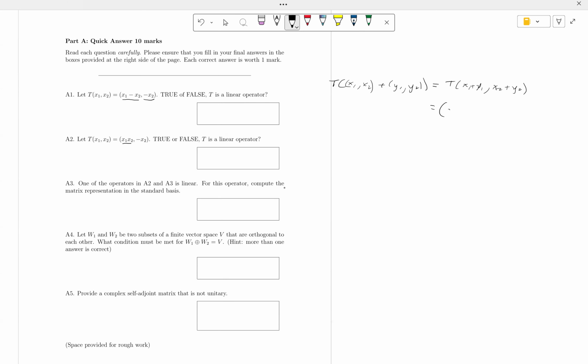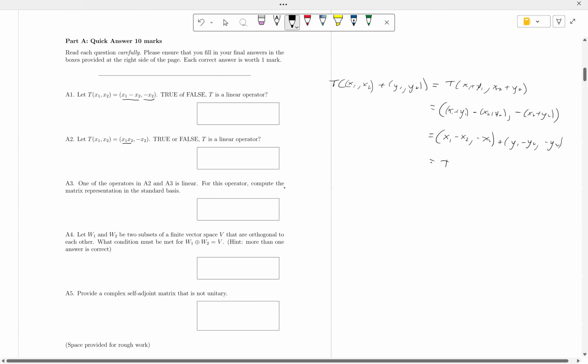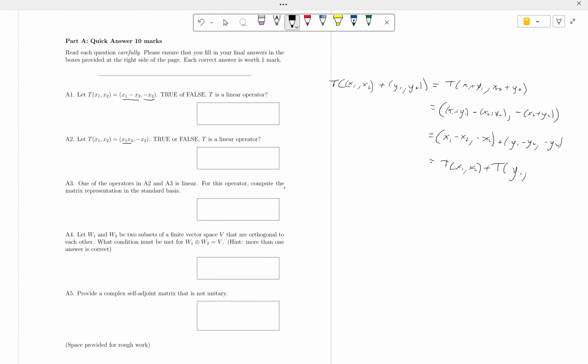equals (x1 plus y1 minus x2 plus y2, comma, minus x2 plus y2), which when we expand gives us x1 minus x2, minus x2, plus y1 minus y2, minus y2, which equals T of (x1, x2) plus T of (y1, y2).